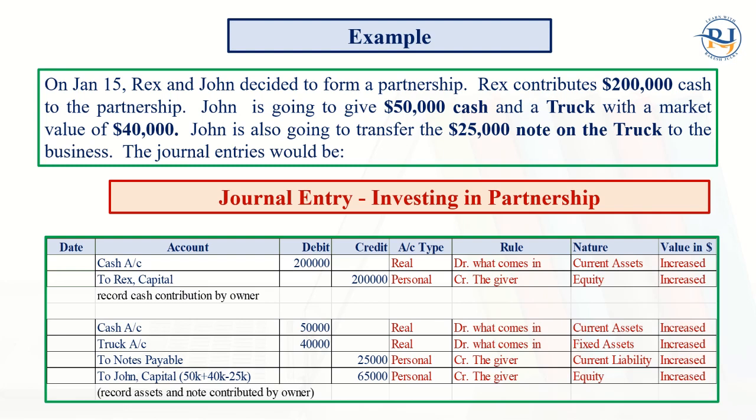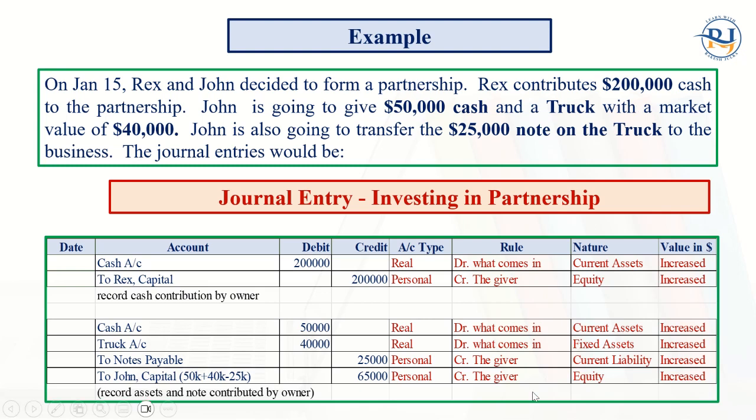The journal entry would be: cash account debit $200,000 to Rex capital $200,000. So in this case, the cash contribution by the owner, and cash is also brought by another partner, that is $50,000, here you can see. So cash coming into the business will be debited. Truck is also a real asset, it's a fixed asset of the business.